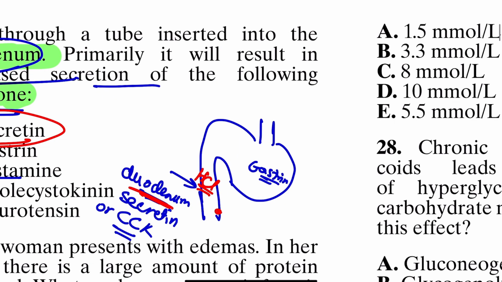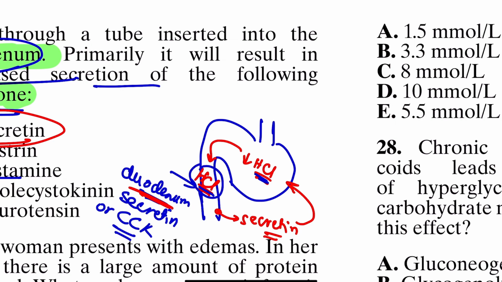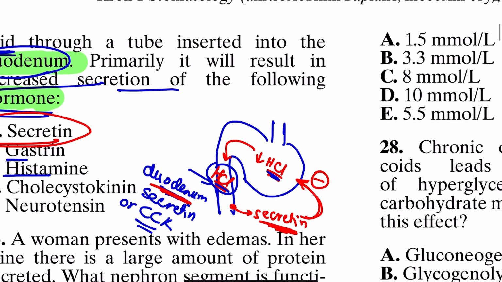Because secretin produced here from the duodenum will tell the stomach, please decrease hydrochloric acid, because the duodenum is not designed to tolerate acid. Only the stomach should have acid. So whenever there is acid in the duodenum, the defense mechanism for the duodenum will be to secrete secretin and tell the stomach to decrease its acid.